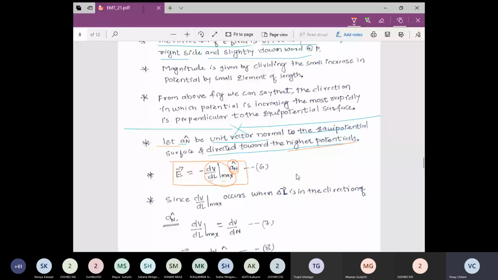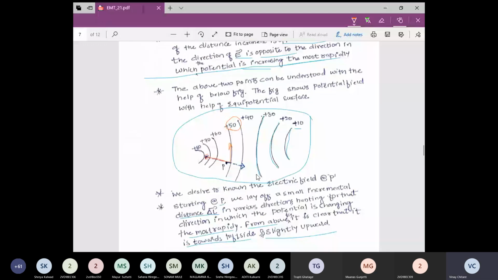So if you have a potential field, you should try to move in the direction where the potential is increasing. We need to find the maximum rate of change of the potential, and the direction of the electric field is exactly opposite to where the potential is increasing rapidly. This is the information we have obtained.